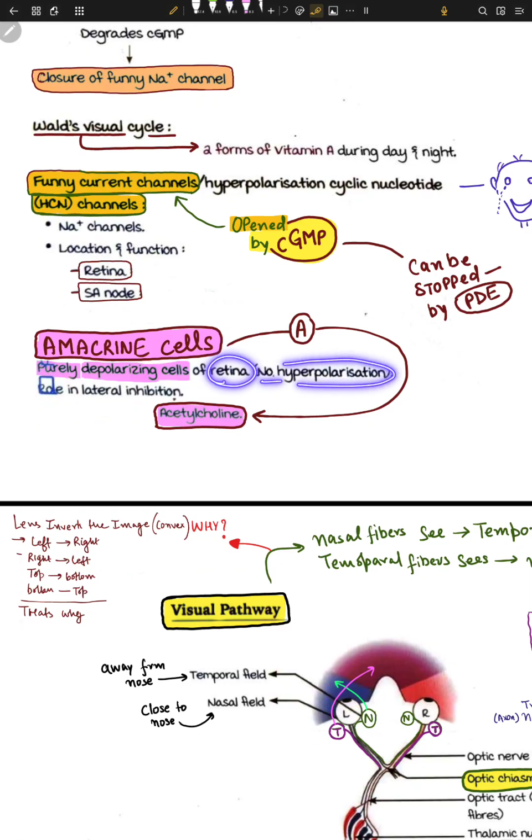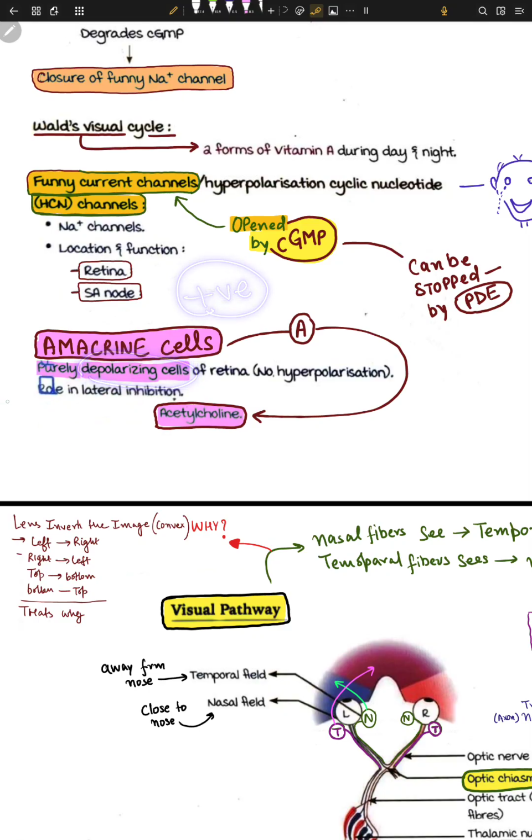No hyperpolarization, okay, role in lateral inhibition. What this is saying is that these amacrine cells are controlled by acetylcholine, because acetylcholine is secreted when the cell undergoes depolarization.